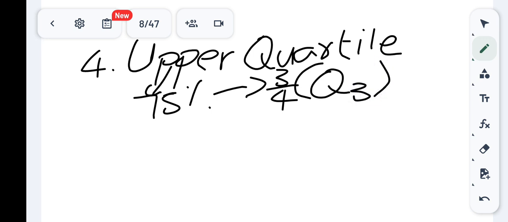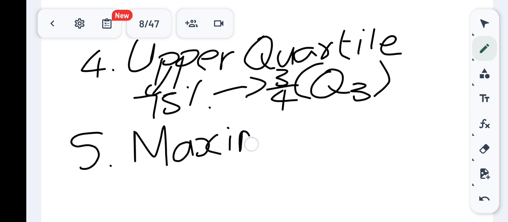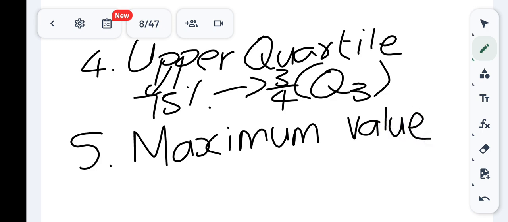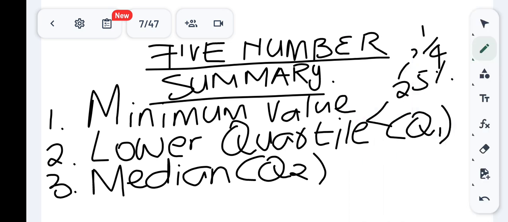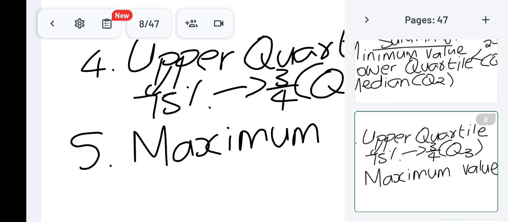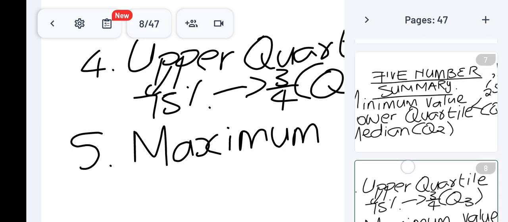Okay, and then lastly we have maximum value. So now, good people, this is our 5-number summary: minimum value, lower quartile, median, upper quartile, and maximum value.